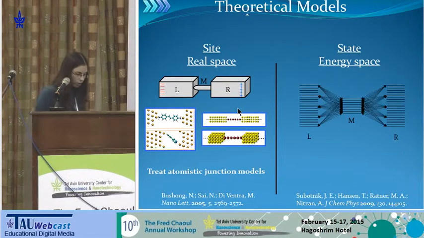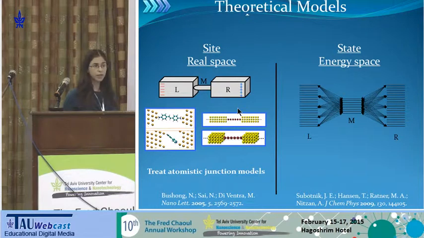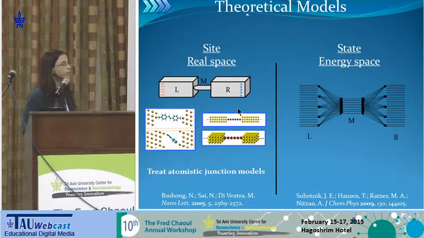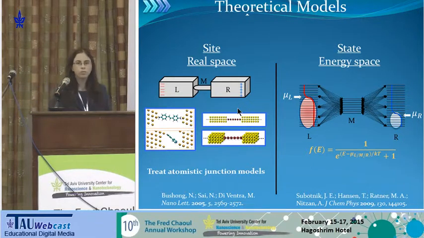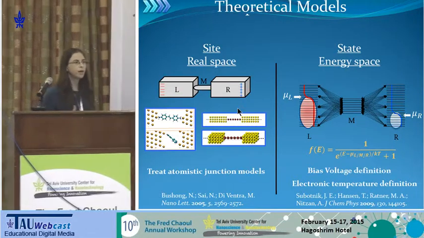The state representation, on the other hand, is the energy representation. Here we are looking at the different states of the different parts of the system and at the couplings between them. And the main advantage when working with a state representation is that we can use the Fermi-Dirac distribution and have a specific bias voltage and lead electronic temperature.